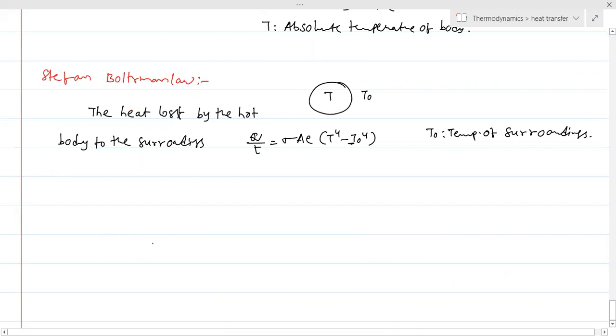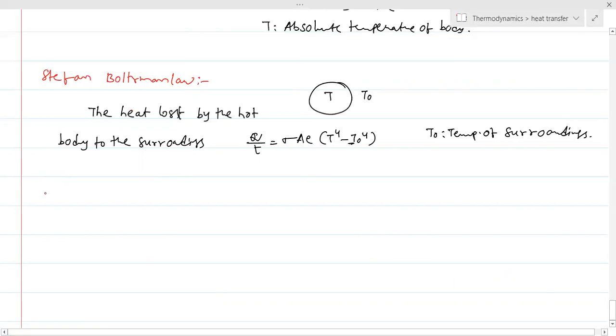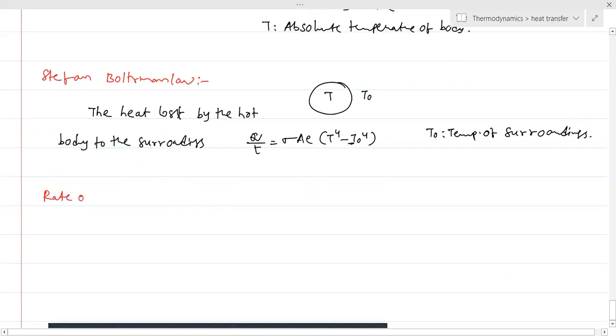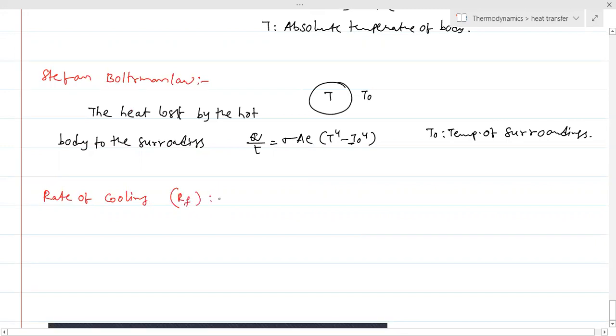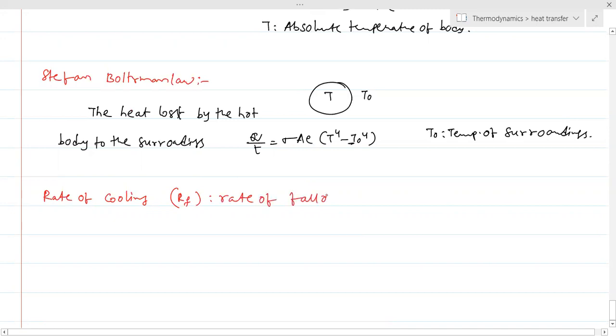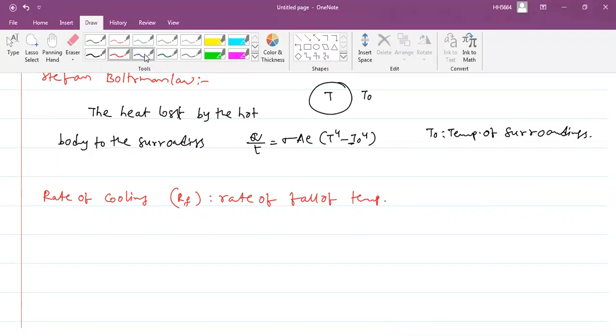After taking Stefan's law and the Stefan-Boltzmann law, now we discuss rate of cooling, or rate of fall of temperature. This is very important.